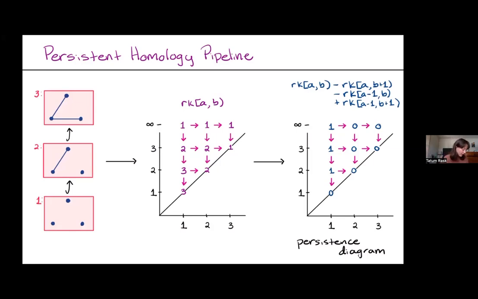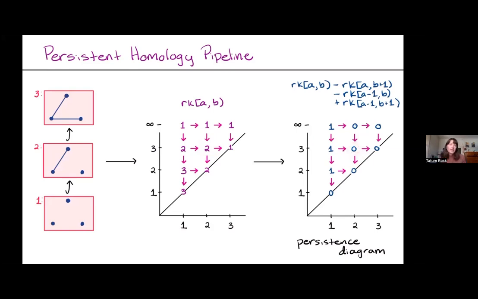So for example, if we look at this interval 2, 3, we see that our rank function gives us a 2. If we look at step 2 of our filtration, there are 2 connected components, and both of them still exist right before 3. And then if we want to compute the persistence diagram, that is, track precisely when these connected components appear and when they disappear, we are going to apply this inclusion-exclusion formula. You can read the formula on the screen, but again, let's look at our interval 2, 3.